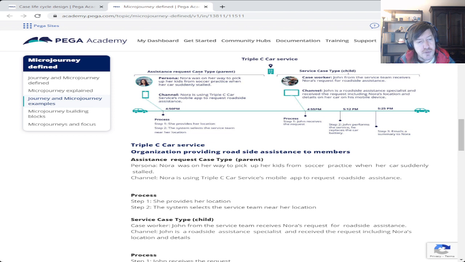Probably one of those steps should be that when she activates her device or the application, it verifies her account. That would probably be a process there.